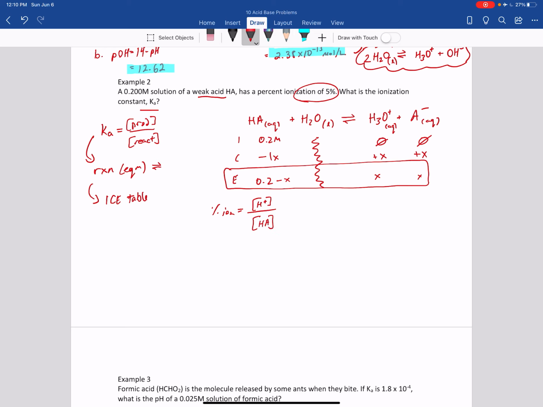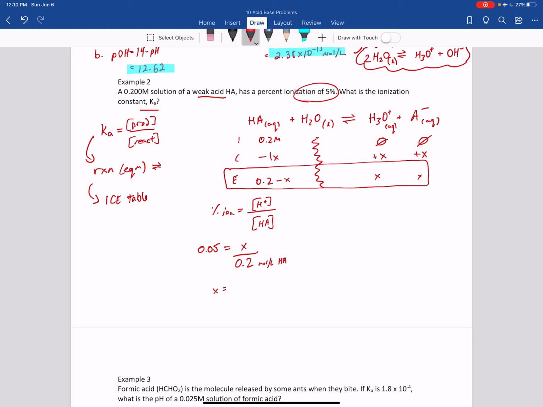So all that's telling us is that 5% of that 0.2 moles per liter will turn into the ion. So we can say 0.05, converted to a decimal, equals x over 0.2 moles per liter, which is the concentration of the original acid.